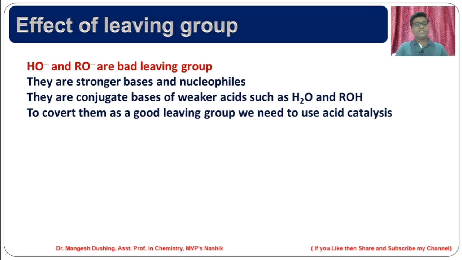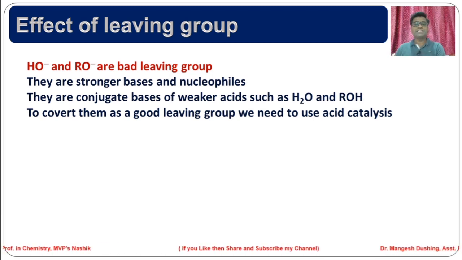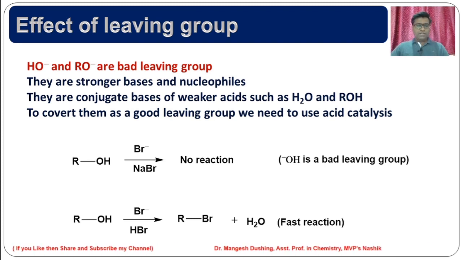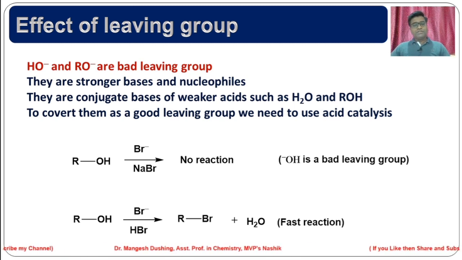So as we know, OH and OR are bad leaving groups. So how to convert them into a good leaving group? We have to use acid as a catalyst. So what will happen if you use acid as a catalyst? For example, if you want to attack a Br minus on this alkyl group, OH should be the leaving group, but there is no reaction because OH is a bad leaving group as compared to Br.